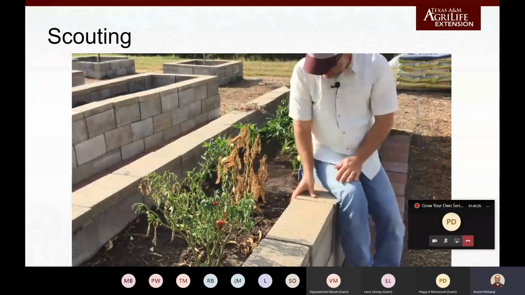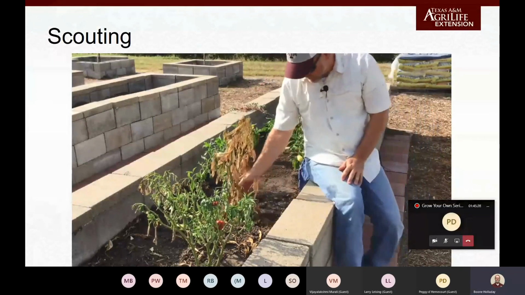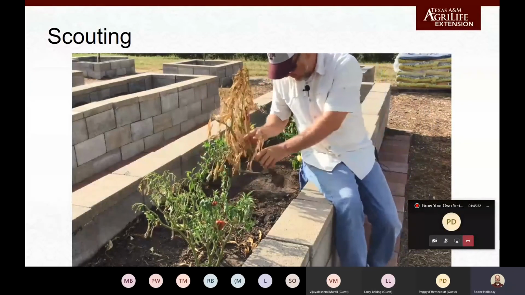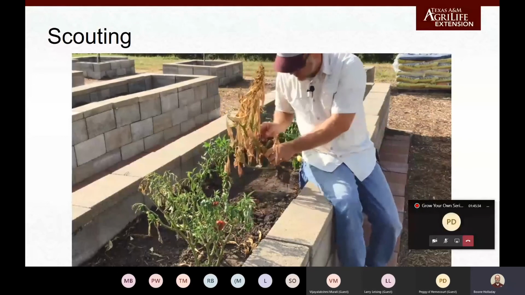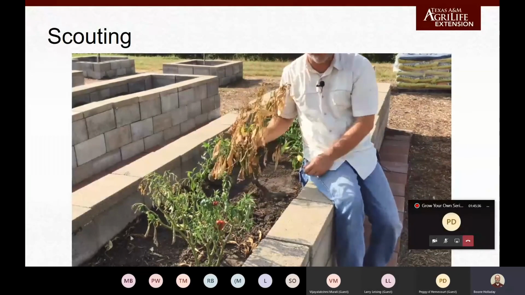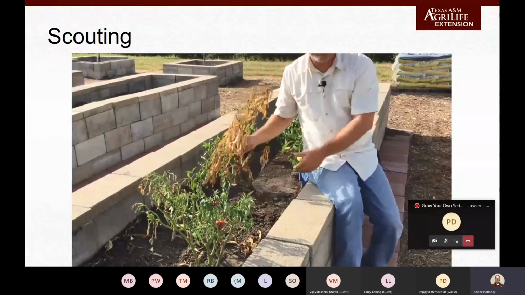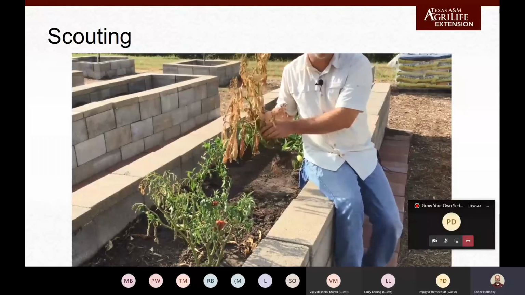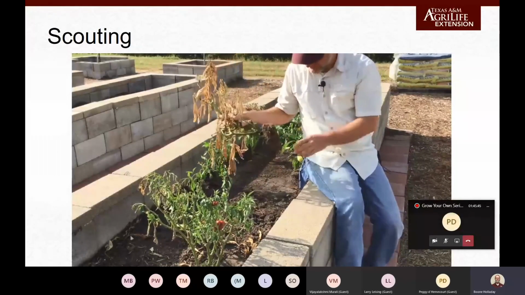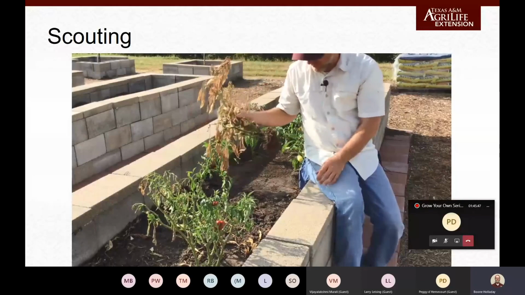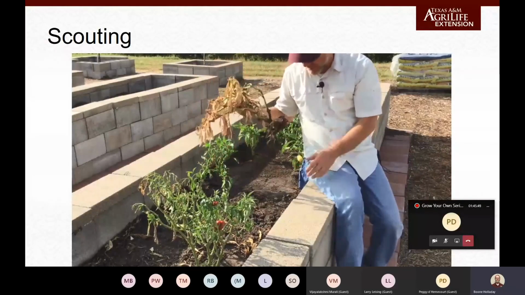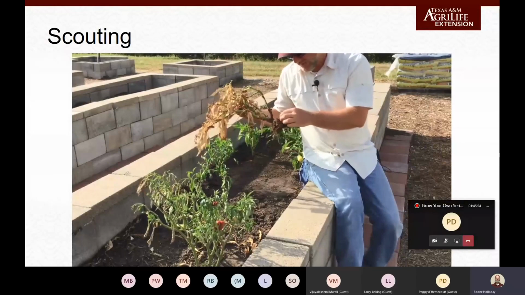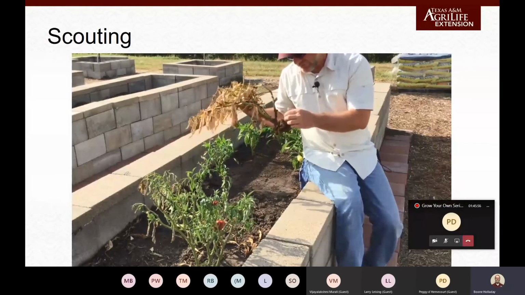I hope that the gardeners here will not mind that I'm going to rip this up and gently pull it up. If it doesn't want to come up, take a shovel underneath there, pry that up and try to get the roots of the plant so we can look at it. So with this one, the first thing that I would want to look for when we yank this up out of the ground on the roots would be to check for any type of root nodules.